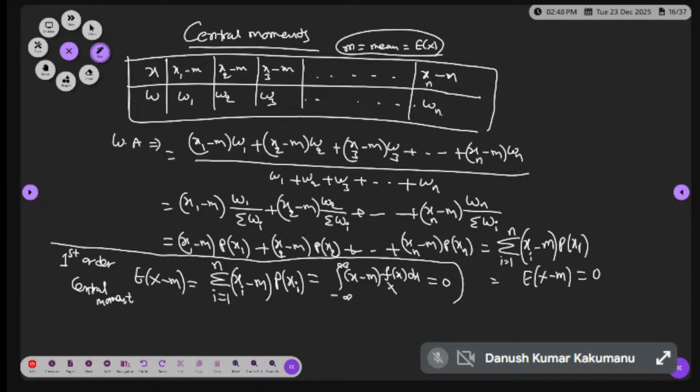If you want, note down that point. First order central moment is always 0. You may expect that in the exam also. First order central moment is always 0.